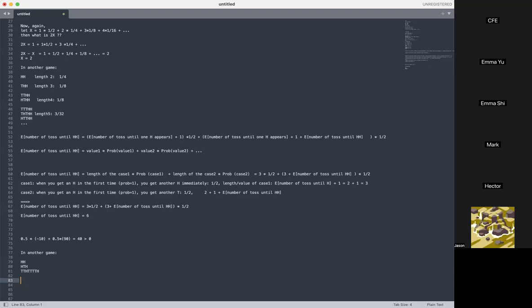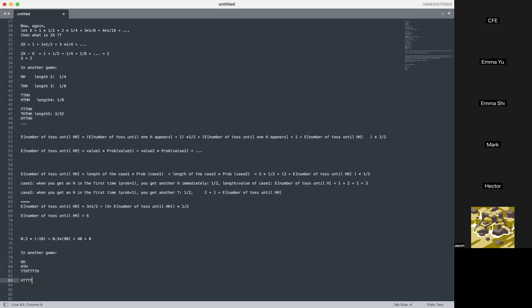Exactly. So it means that you can't end with T, right? Because if you end with T, it means that you already have 2H. But if you already have 2H, you should have ended earlier, right? So you can never end with T. In order to end the game, you must first have an H already, and then you may toss some T. But you must end with the second H, because if the second H appears, you must end the game.